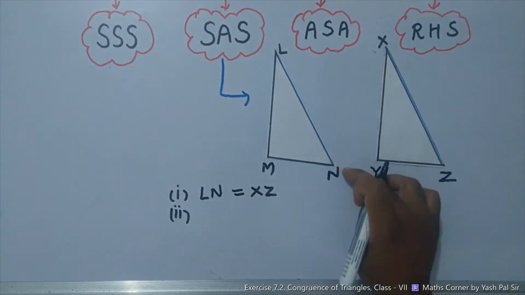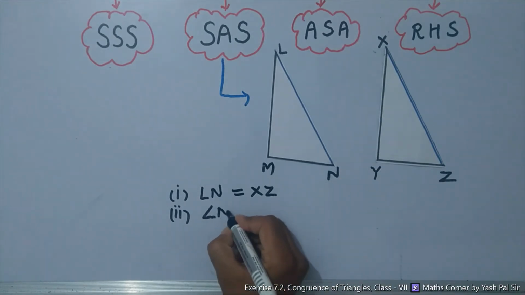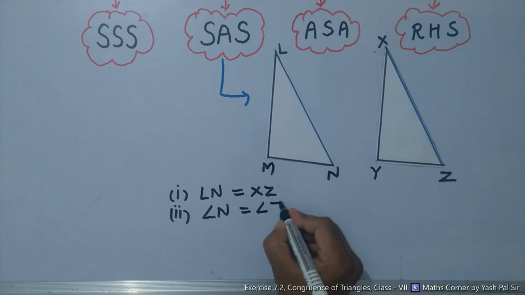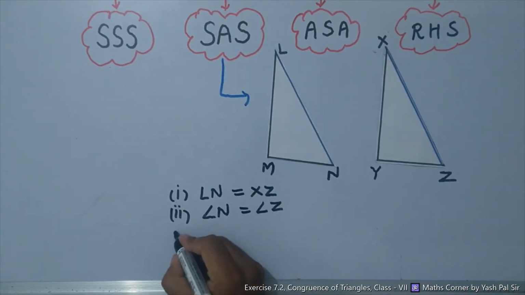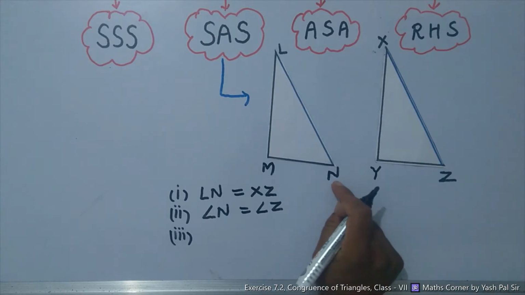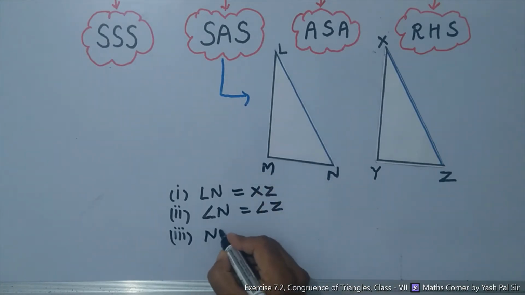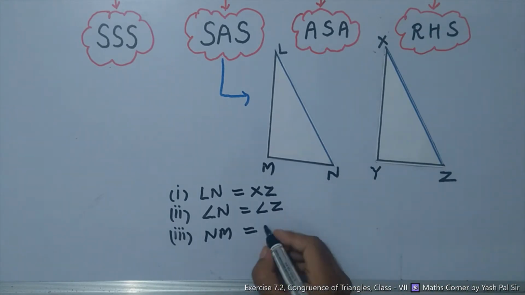At N, angle N is equal to angle Z. Side, angle, again side, the third part. What is the next side? Side NM is equal to side ZY.